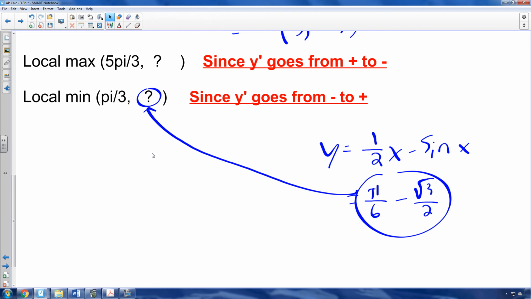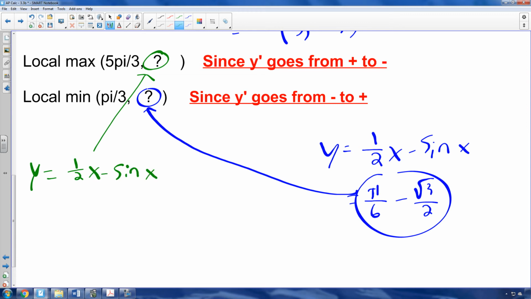Okay. Now I'm going to do my other one. This guy. I need the y value, the actual maximum. It should hypothetically be higher than the blue. So y is equal to 1/2 x minus sine of x. Remember, we're plugging into the original now. I'm going to plug 5 pi over 3 into that.